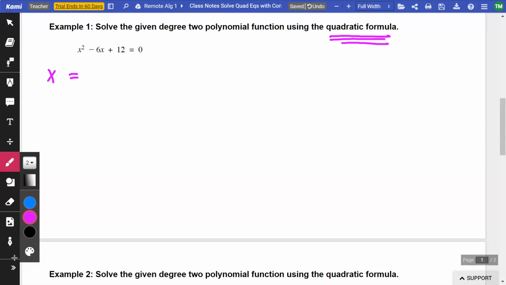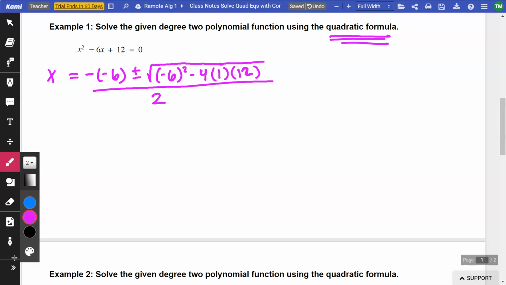x equals the negative of b plus or minus the square root of b squared minus 4ac. So negative 6 squared minus 4 times 1 times 12, all over 2 times a, so 2 times 1. x is equal to positive 6 plus or minus the square root.